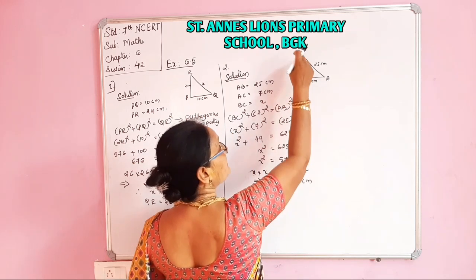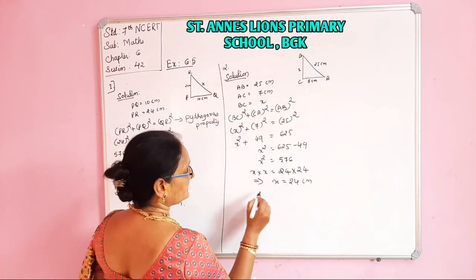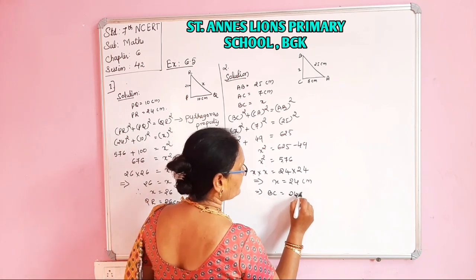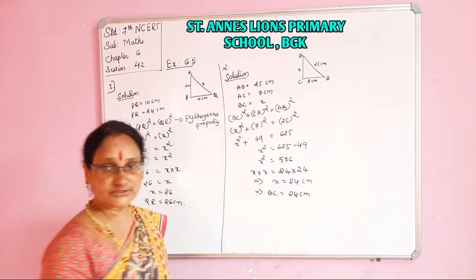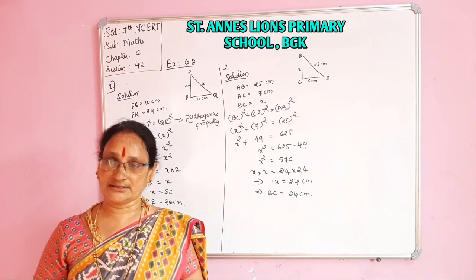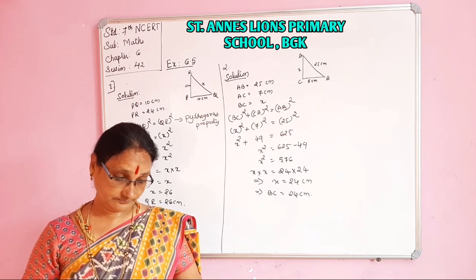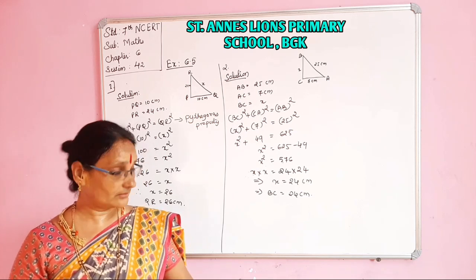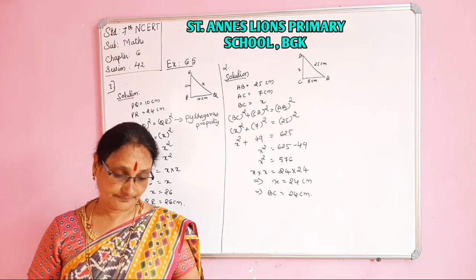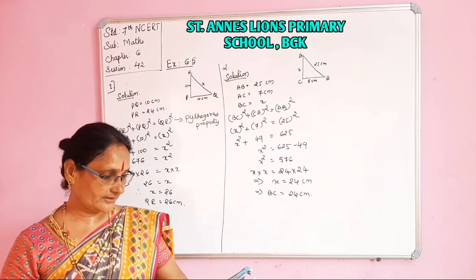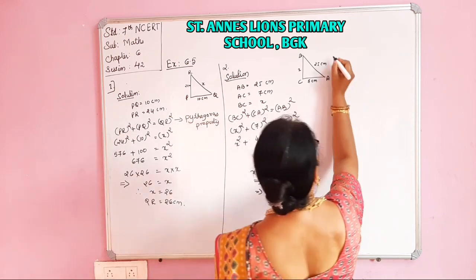Here x is BC, so BC is equal to 24 centimeter. So this is a method of finding one of the legs when the hypotenuse was given. Now we learned how to find it.